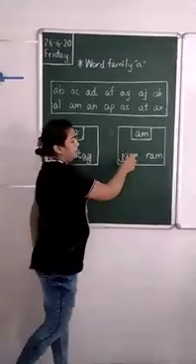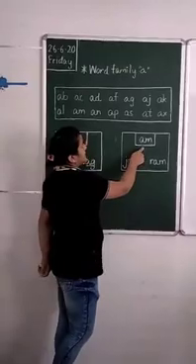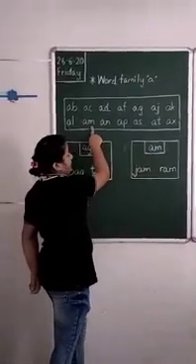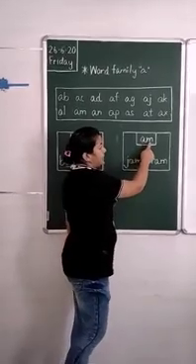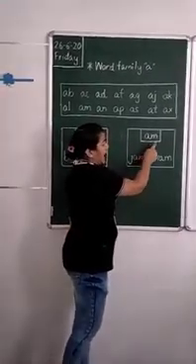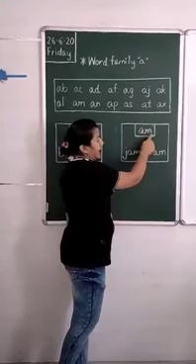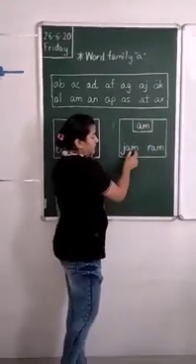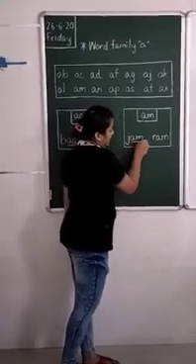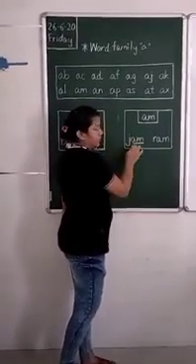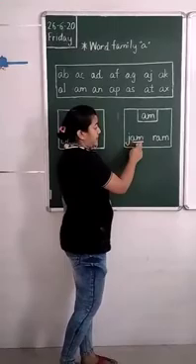Now I have taken one more family word. This is am. Here I have written, I have taught you. A says a, M says m, am. See, in this we will find the family word first. This is am. You know the sound now? Am.